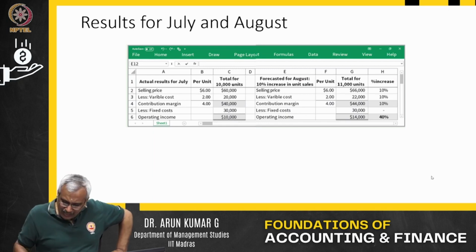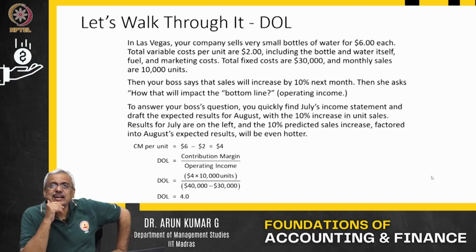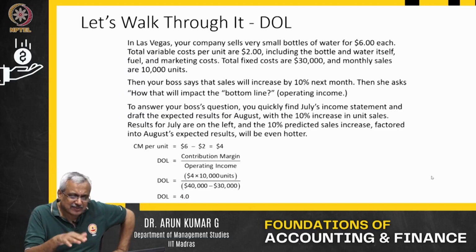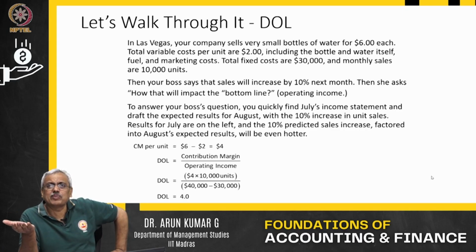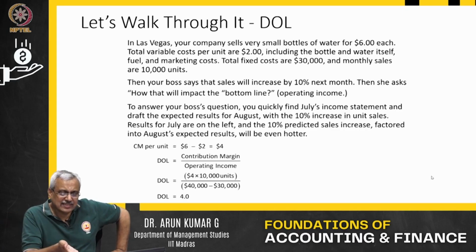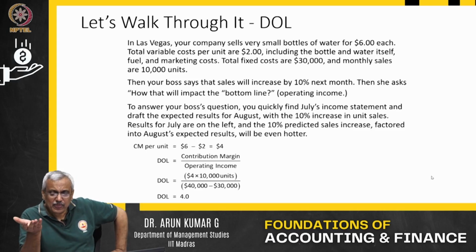Instead of doing this, I could have just said 4 is the operating leverage, 10% is my increase in sales. So 10% into 4, 40% is going to be my bottom line or operating income increase. If I say 20%, then my bottom line increase will be 20% into 4, 80% increase in operating income.